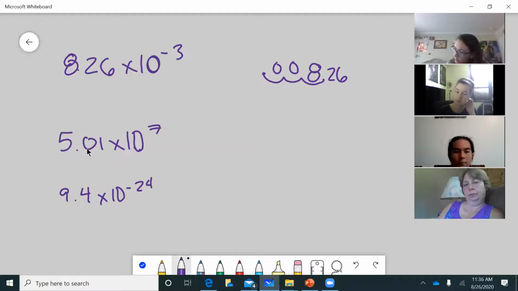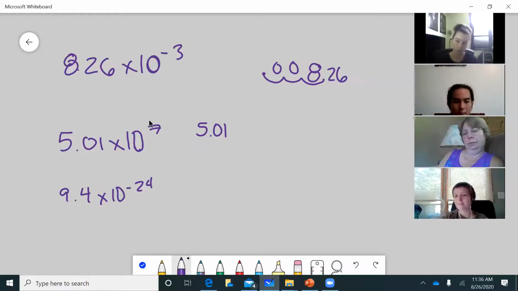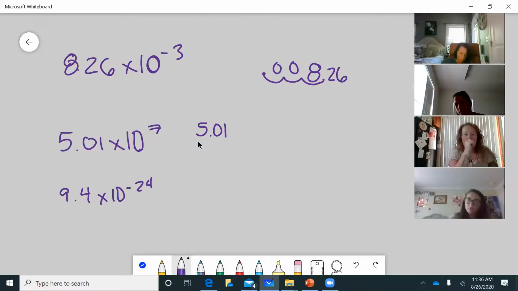This one here, 5.01 times 10 to the 7th. So I'm going to write my decimal out. This 10 to the 7th means my number should be large. So I don't want to start hopping this way. I want to start hopping in the direction that expands the number to a larger number.